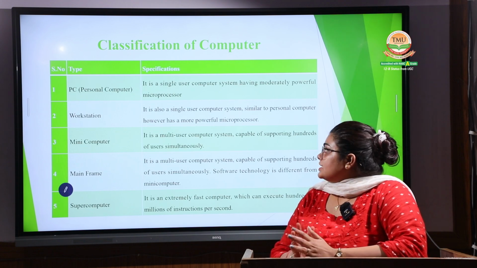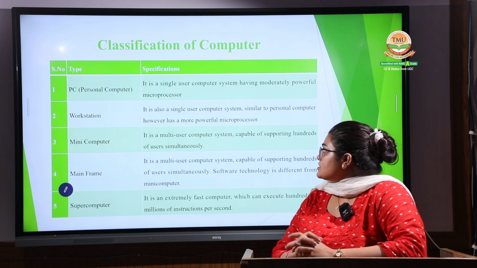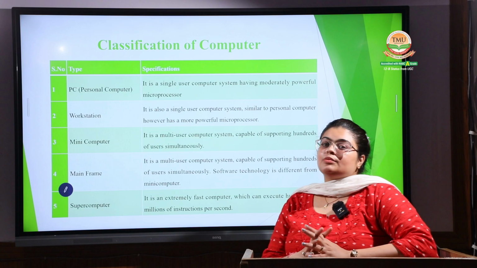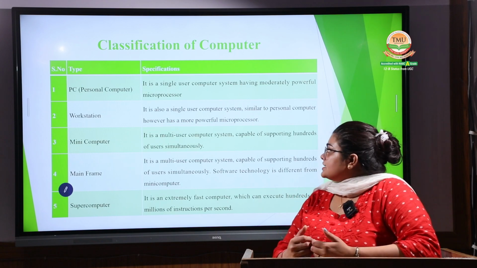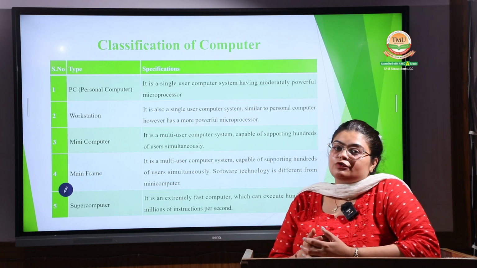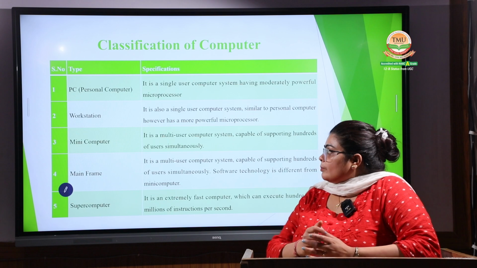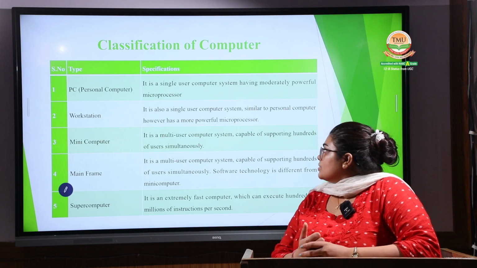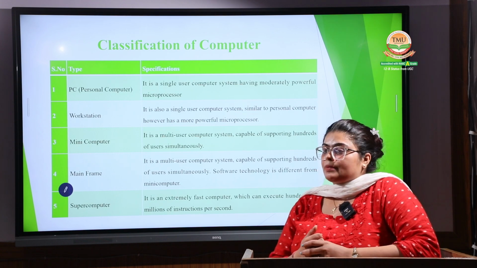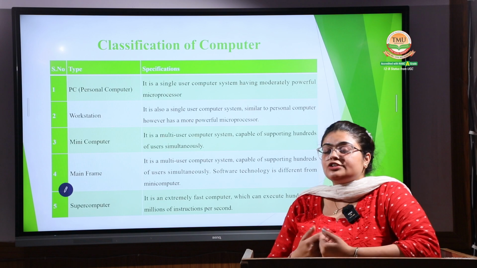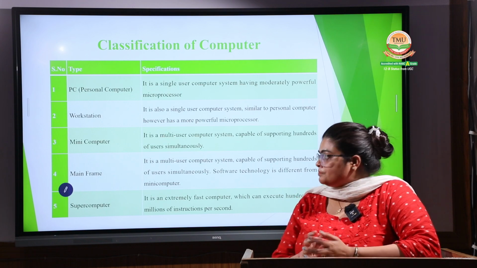Workstation, basically it is also a single user computer system similar to the personal computer, but it has the capacity to use more powerful microprocessors. Minicomputer, it is a multi-user computer system capable of supporting hundreds of users simultaneously.